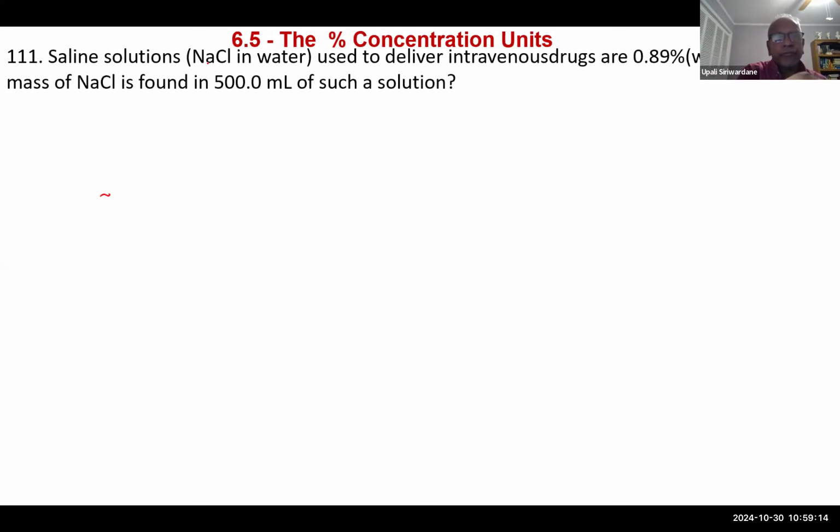Saline solution of sodium chloride in water used to deliver intravenous drugs. That's the concentration. What mass is in a 500 milliliter solution? We in a way did that. So this is given.